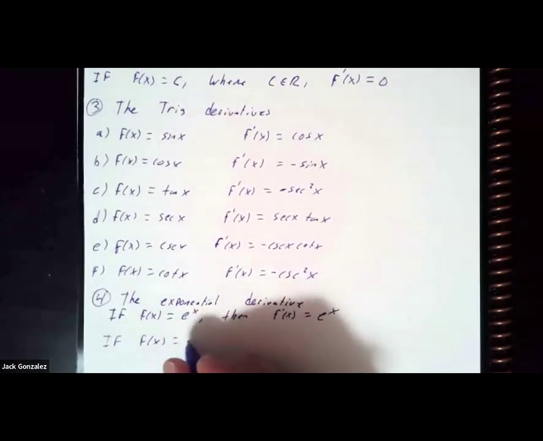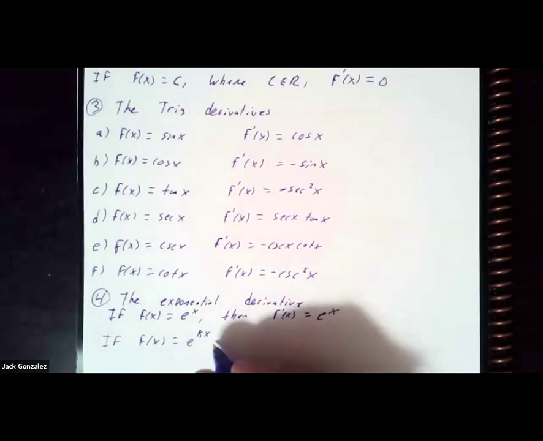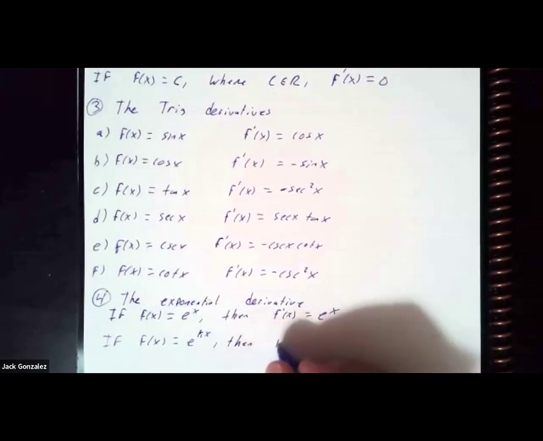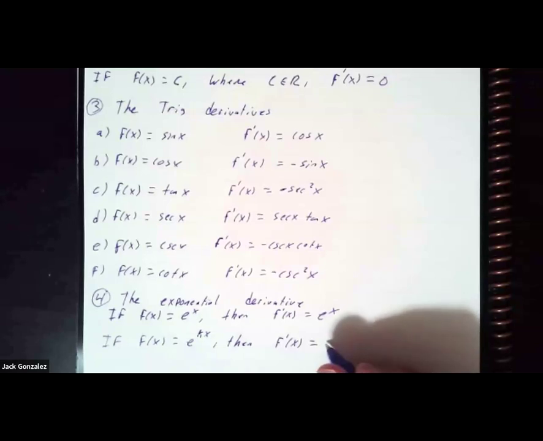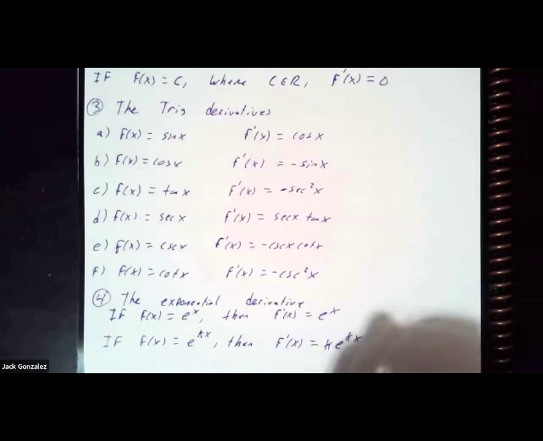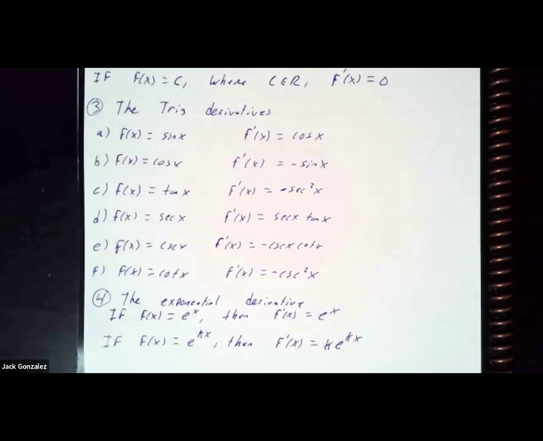Although if it has a constant on top, let's call it k, e to the kx, then the derivative will have kind of like a weird power rule. There'll be k times e to the kx, but only if it's a number. All right, so that's all the rules we're gonna need.